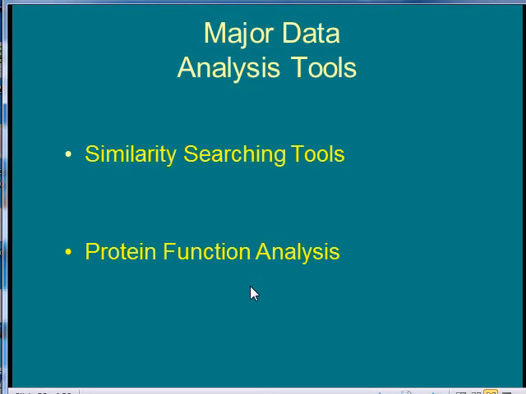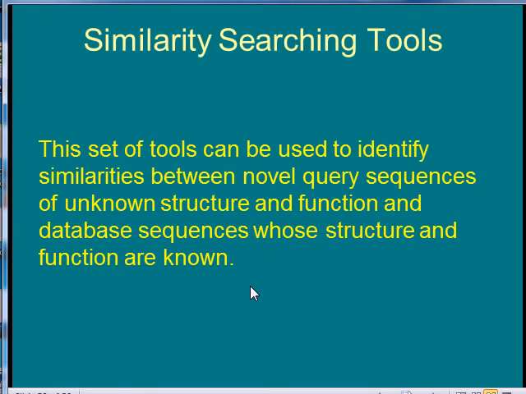Major analysis tools include similarity searching and protein function analysis. In other words, if I have an unknown sequence, what is similar to it? And what might be the function of my unknown sequence? With similarity searching tools, we are looking for things that are similar to our unknown sequence, because if we find those things, their structure might be the same.